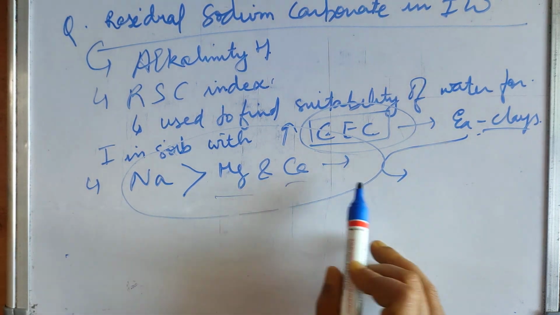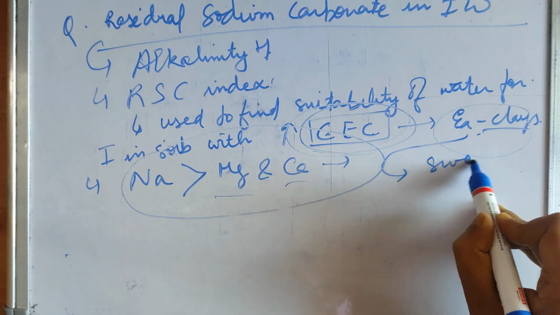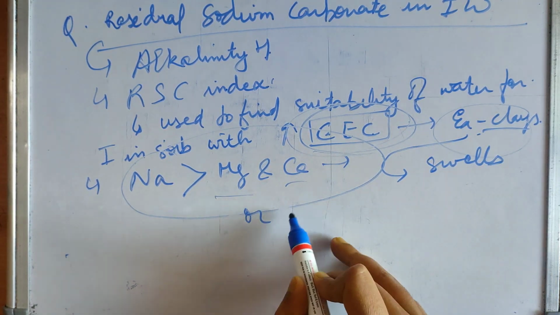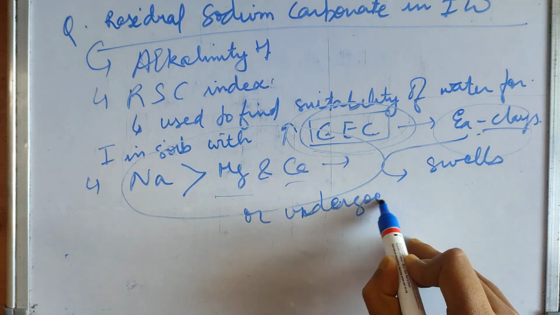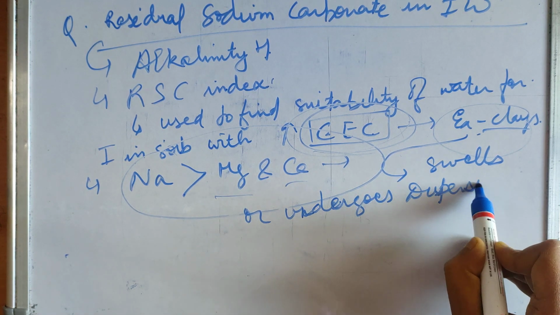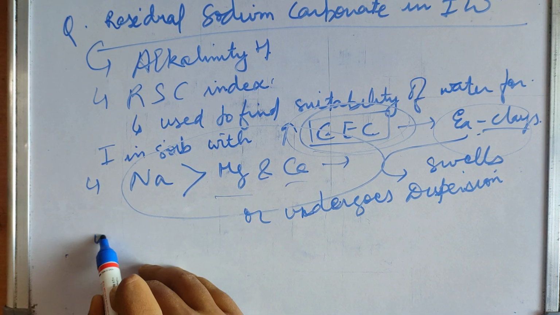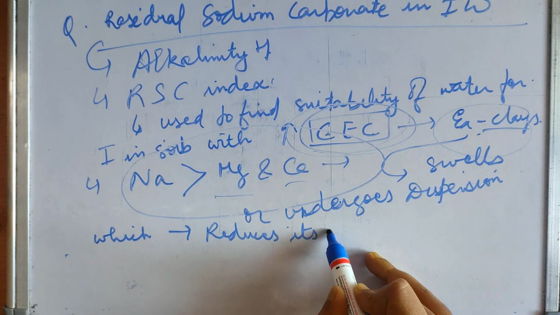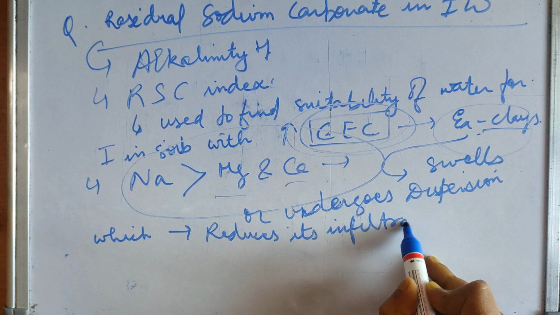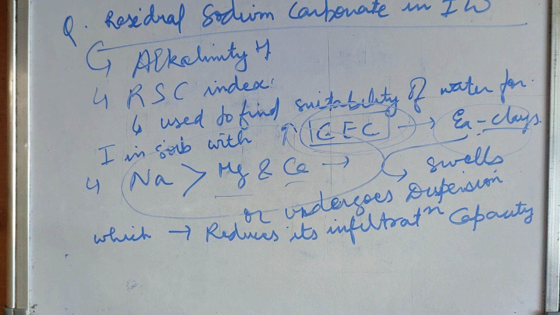Sodium is much higher than magnesium and calcium, so these soils undergo dispersion, which reduces their infiltration capacity. Clay soils irrigated with high RSC water lead to fallow alkali soils.